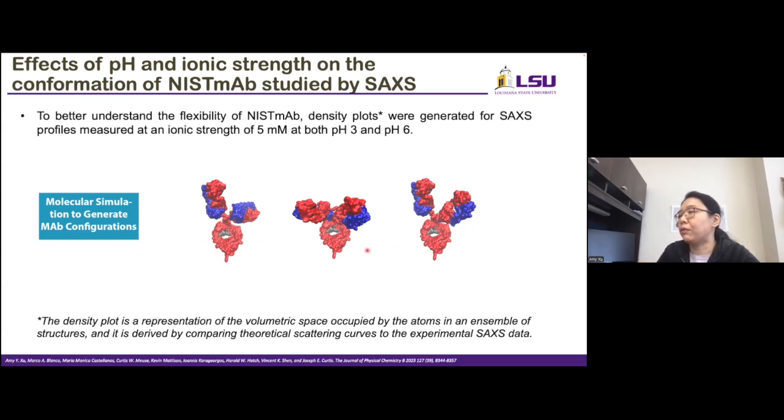Here shows 3 representative structures, but for this experiment, I have generated definitely more than these 3. There are about 65,000 structures that I generated, so that the antibody conformation can be represented as much as possible.